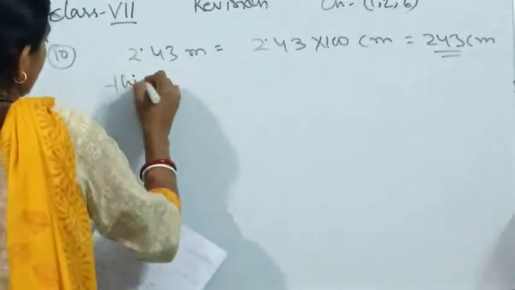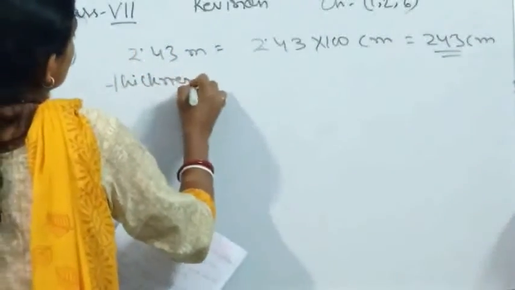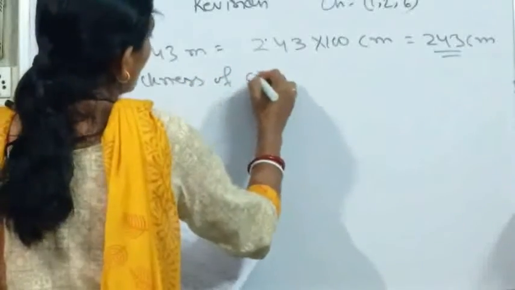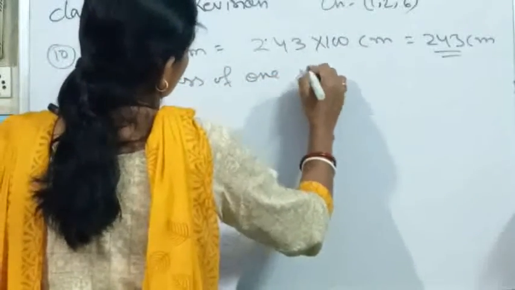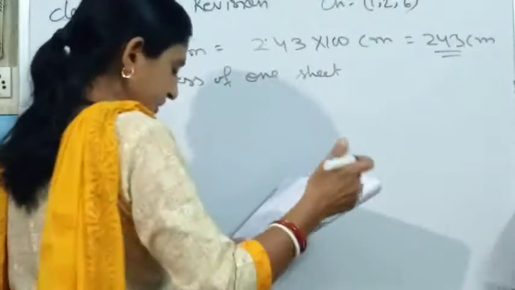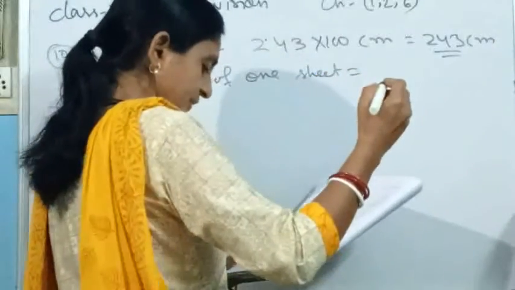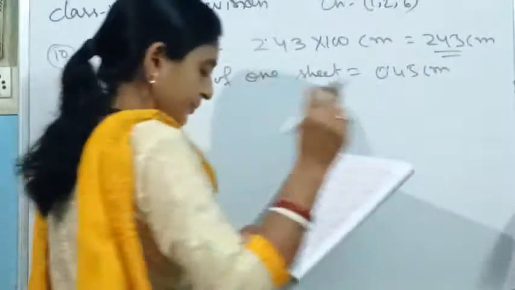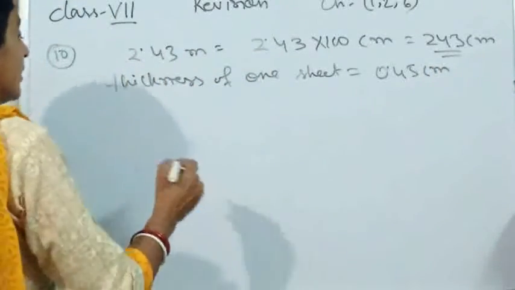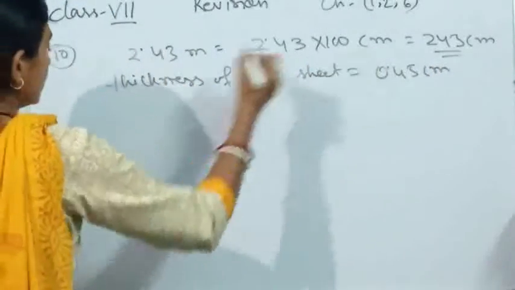Okay, and here I can write the thickness of one plywood, one piece. Thickness of one sheet equal to how much has been given? It is given 0.45 centimeter. Okay, so number of sheets required to make this height.